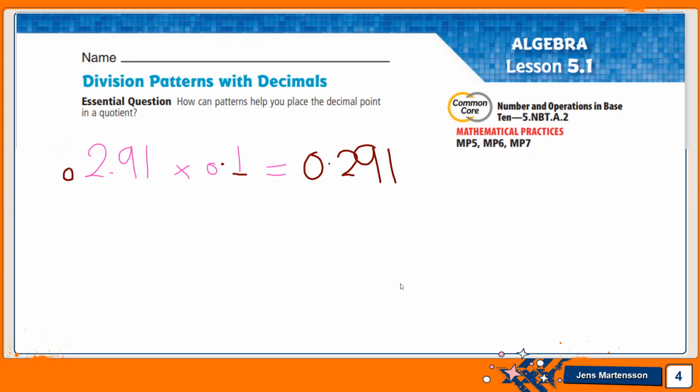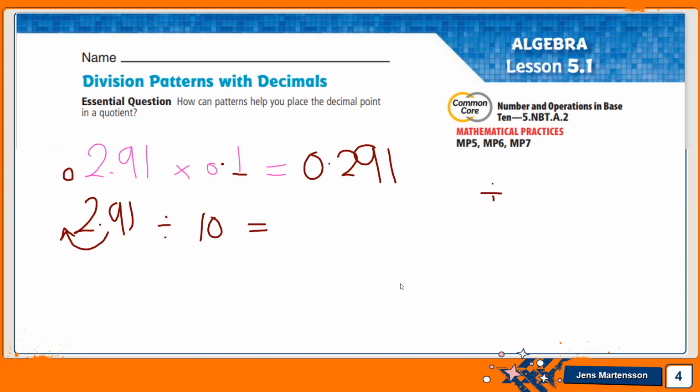So this is what we talked about in the last chapter when you multiply. Today we will make some small change. When I divide 2.91 by 10, dividing by 10, you will move the decimal point one digit to the left, sorry. So what do I have to do first? I have to check: do I have multiply or divide?